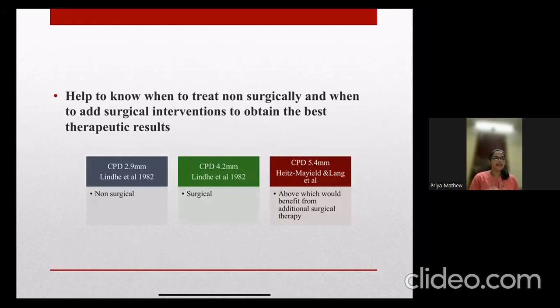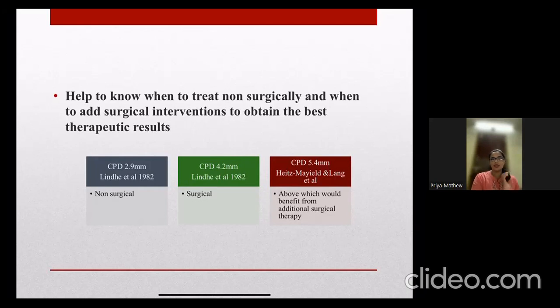In 1982, they mentioned the critical probing depth as 2.9 mm for a non-surgical treatment. So when we do probing and find that there is a 2.9 mm, we know very well that the normal probing depth is 2 to 3 mm.